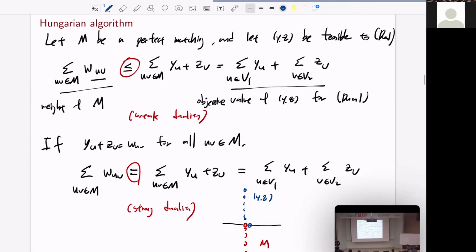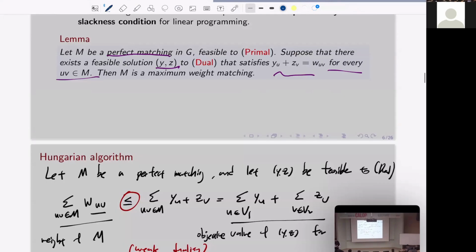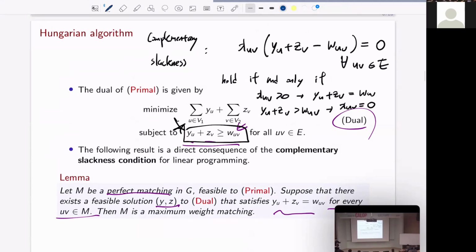Okay, so this is the main idea. Somehow I run my algorithm, and if I construct a perfect matching that satisfies this equality condition for all edges in that matching, then I'm done. That's a proof of optimality. I end up computing a maximum weight perfect matching in this graph.